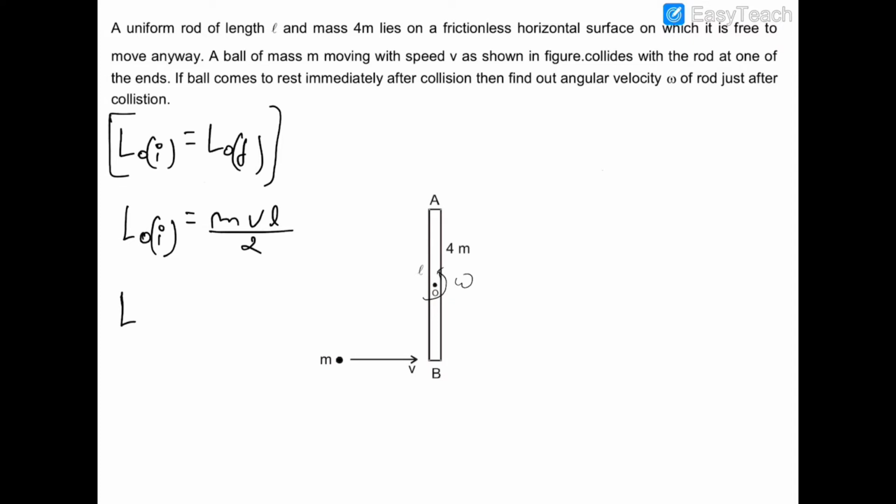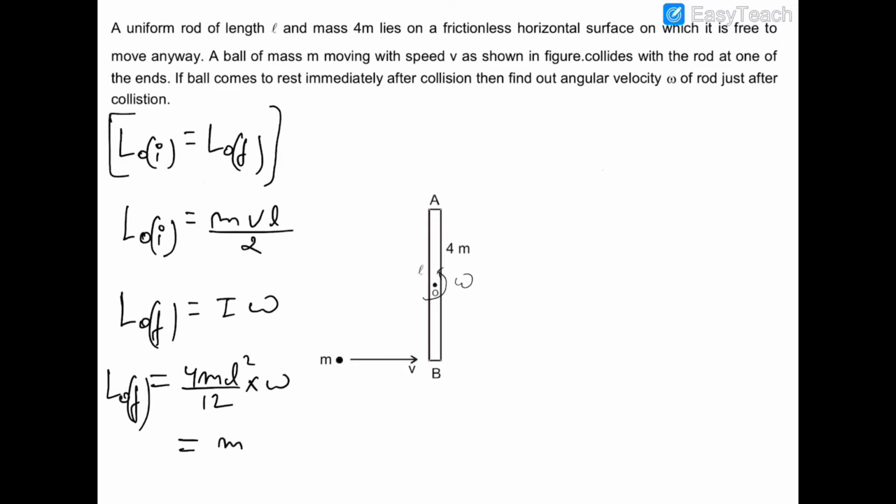Now finally, the angular momentum about point O would be only due to the rod, and it would be I omega. The moment of inertia of the rod about its own center of mass axis is ml square by 12. So this is 4m L square by 12 and omega. So this is ml square omega by 3.